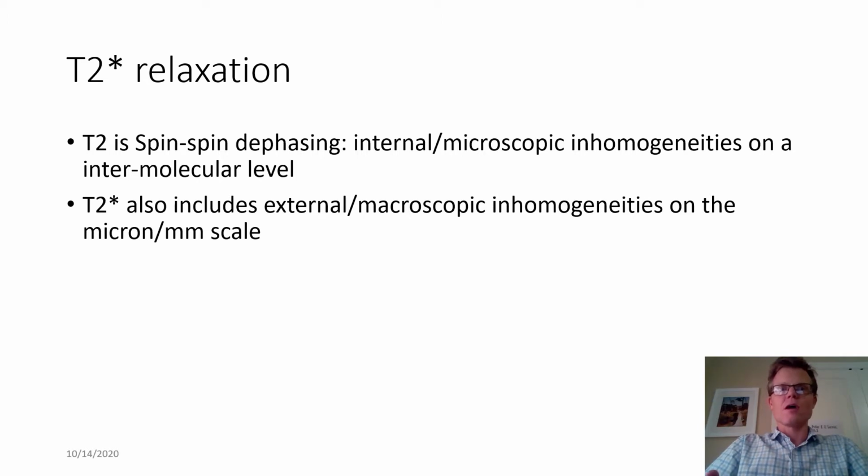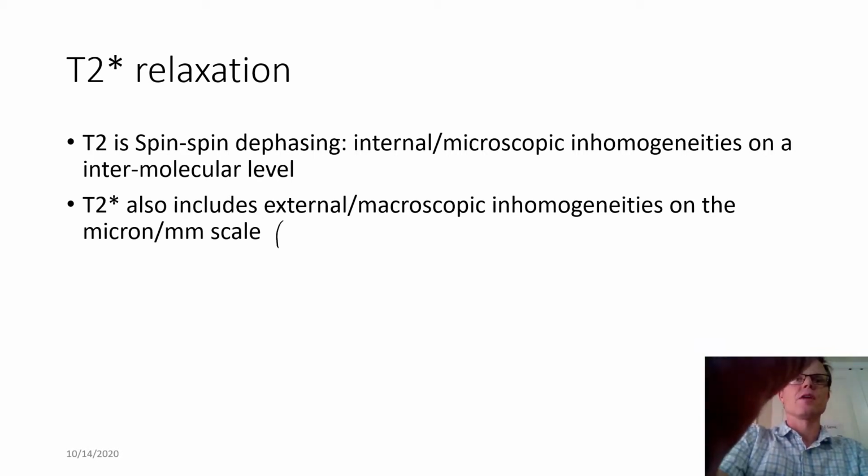Now, T2 star, on the other hand, includes both T2 as well as the effects of more macro scale inhomogeneities, so on the level of our imaging voxel sizes, that also lead to accelerated relaxation.